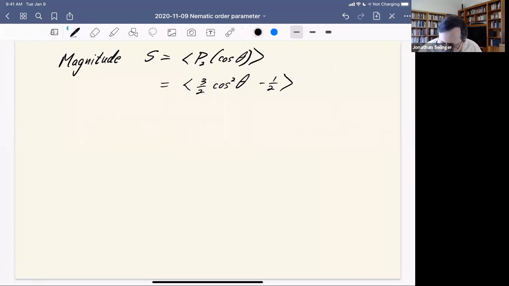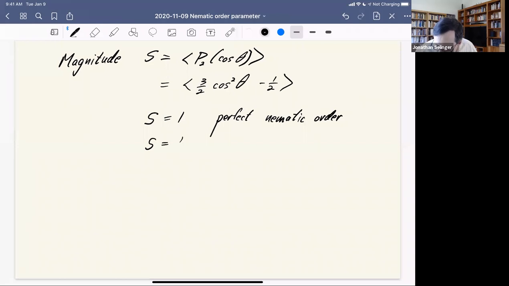For this nematic problem, we have S equals 1 in the case of perfect nematic order. That is, if theta is always 0, the cosine of theta is always 1, then you have 3/2 times 1 minus 1/2, so it's 1.